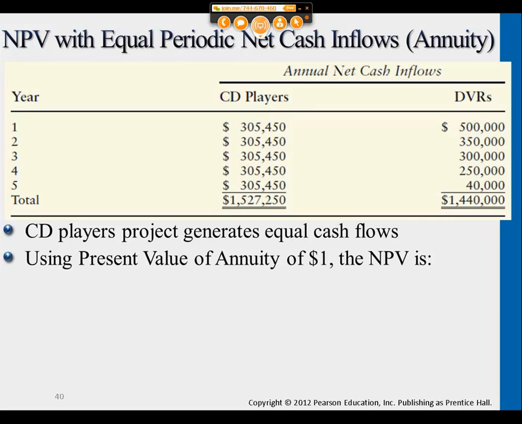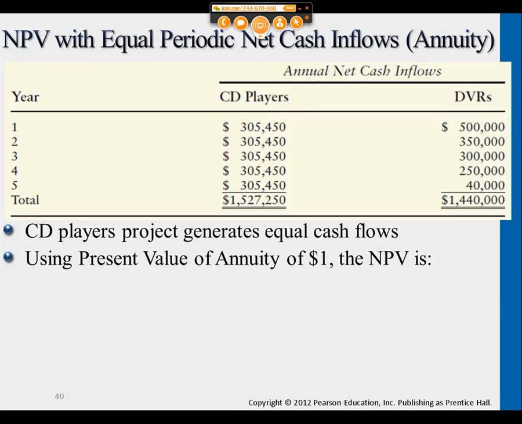So net cash inflow is the same for 5 years. How did we call this last class, when it's the same period by period? Annuity, right? So this is an annuity.